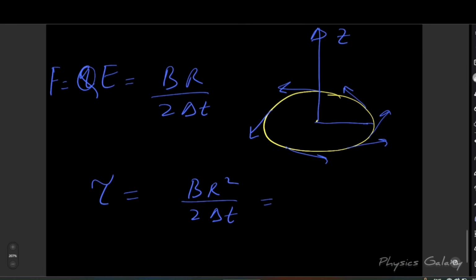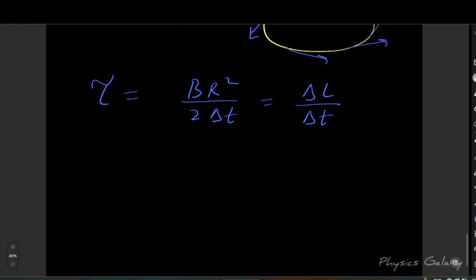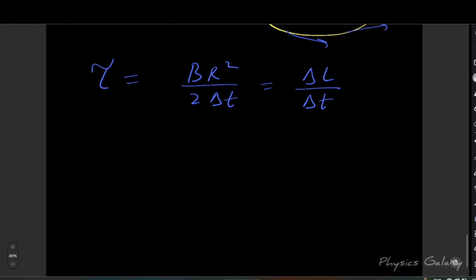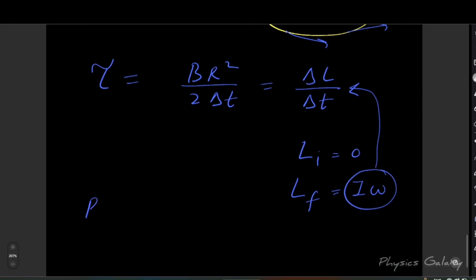Now torque is the rate of change of the angular momentum, so delta L by delta t. And from here we can calculate omega, because initially L initial was equal to 0, there was no angular momentum, but L finally will be equal to I omega. So the change will be simply I omega. So we'll have simply Q B r square by 2 delta t equals I omega by delta t.